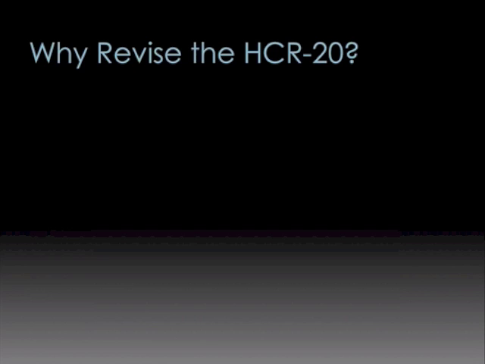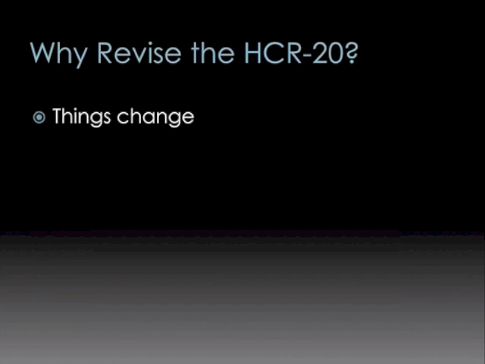I would argue that at a very basic level, things change. In the mid-1990s, we were very focused on what are the right risk factors. Since that time, as Steve laid out very well, there have been many conceptual developments, and those have been incorporated into other SPJ instruments, as well as into how we recommend the HCR-20 is used, but they weren't yet incorporated into the manual itself. So we wanted to bring those things into the manual.